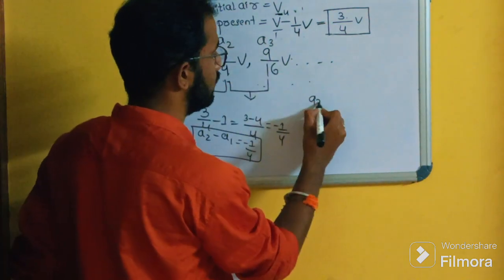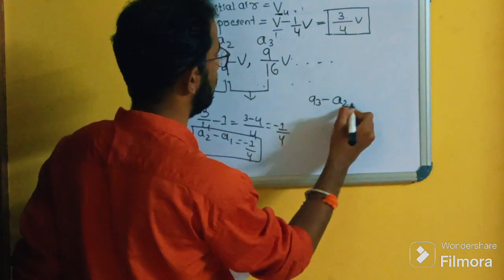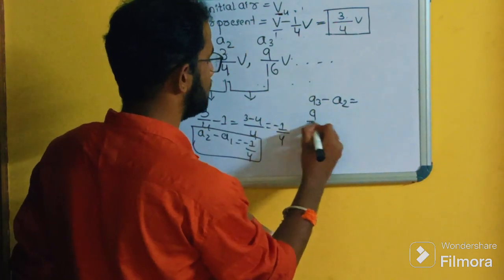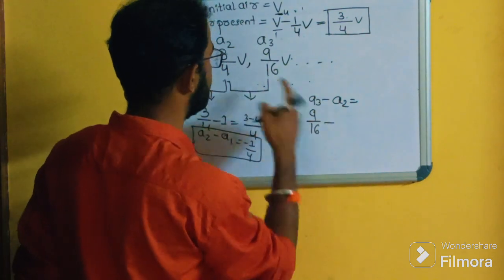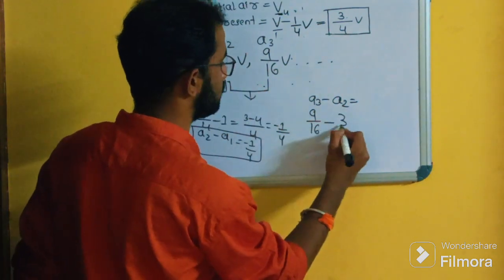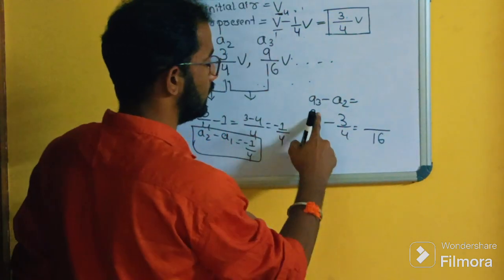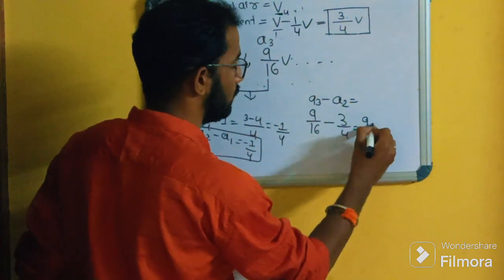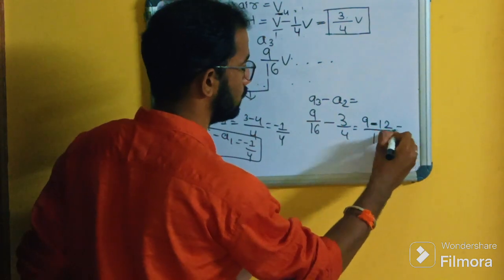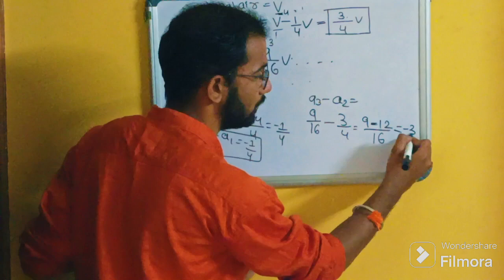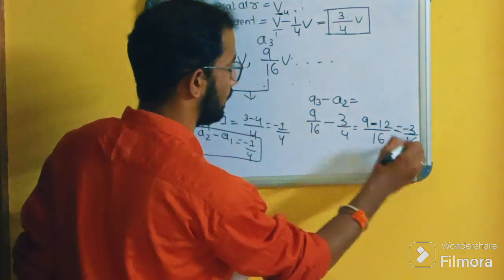Now A3 minus A2 will be 9 by 16 minus 3 by 4. The LCM is 16. Now 9 minus 12 is minus 3 by 16.